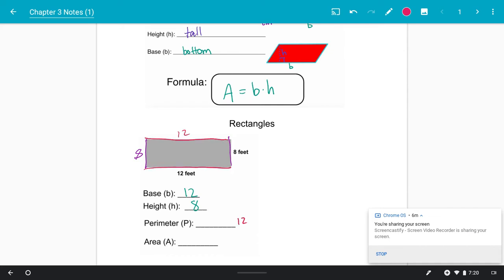So you would do 12 plus 12 plus 8 plus 8. And that is 40. Perimeter would be just feet. And then area, the formula is base times height, which is 12 times 8, which is 96. And area is in feet squared.